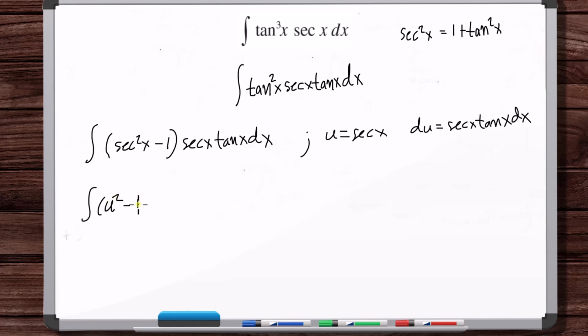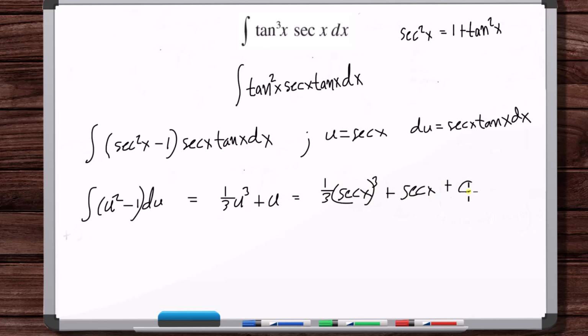So u squared minus 1 du. That's simple. 1/3 u cubed plus u, so 1/3 secant x cubed plus secant x plus c. Or no, this is minus here. I don't know why I put plus.